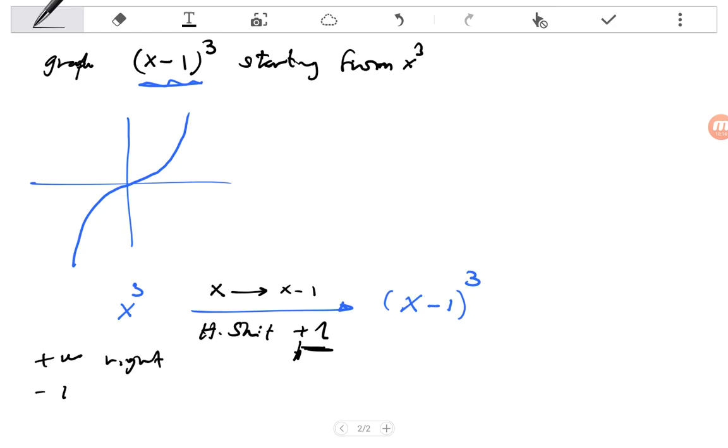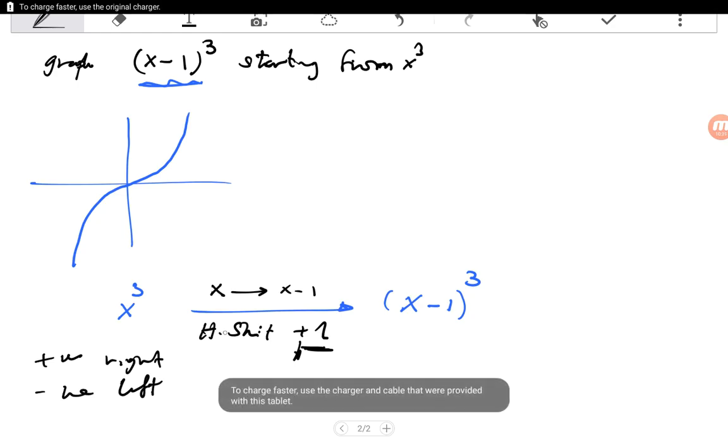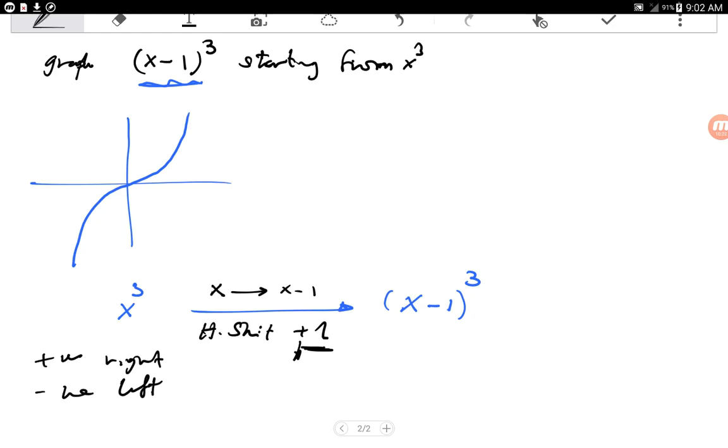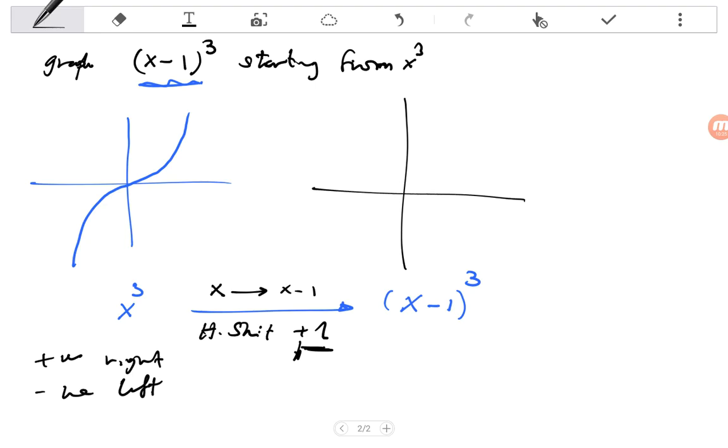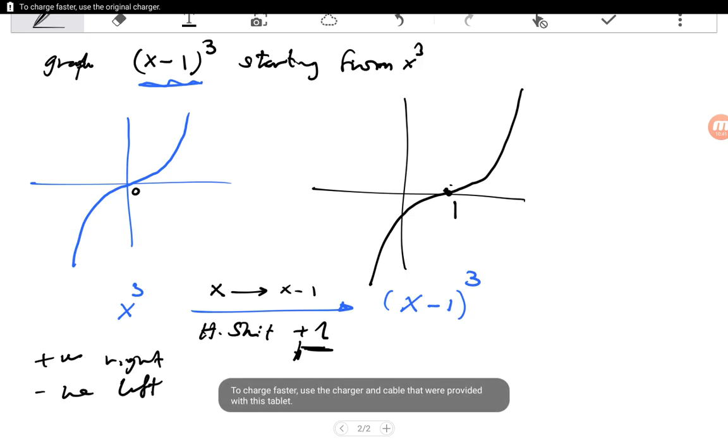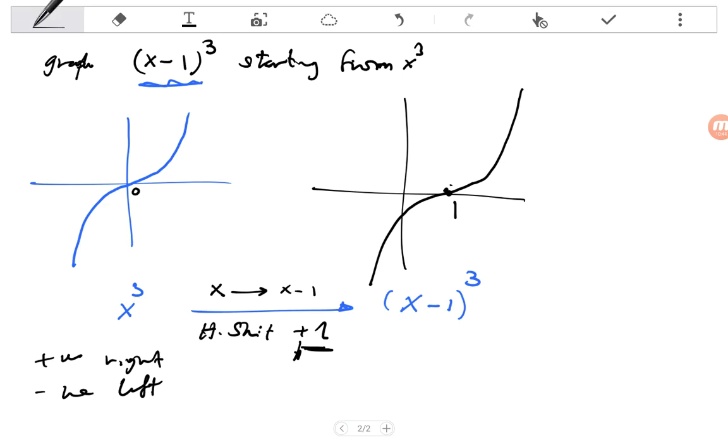Positive means right direction, and negative means left direction. So the graph will be shifted 1 to the right, and it will be something like this. Instead of passing through the origin, it will pass through the point 1 and 0. So that is called horizontal shift.